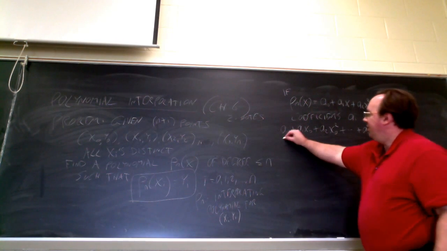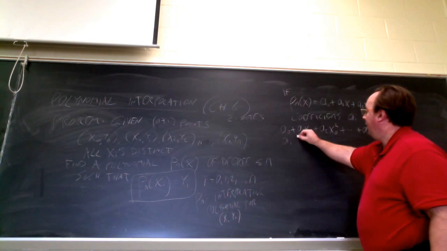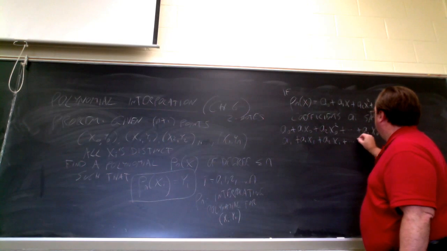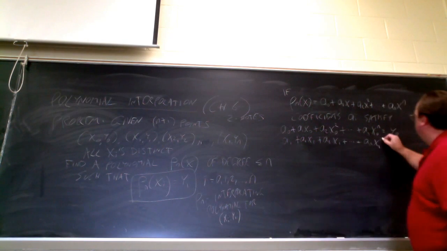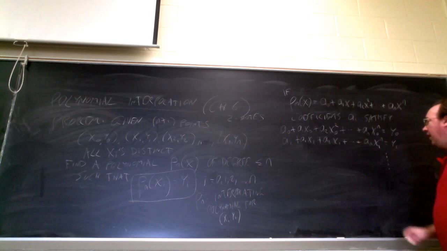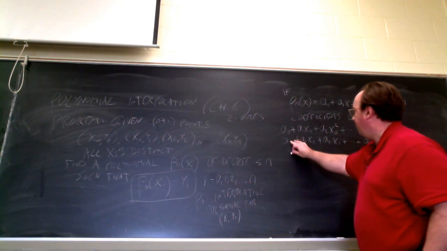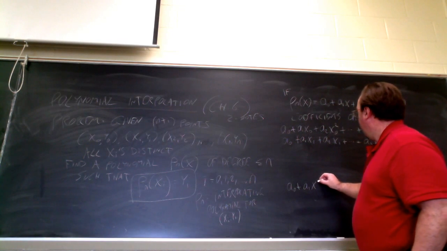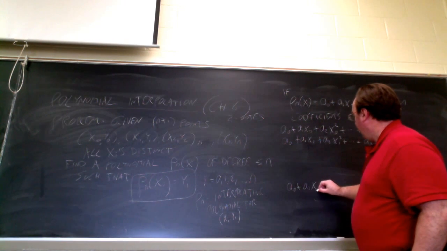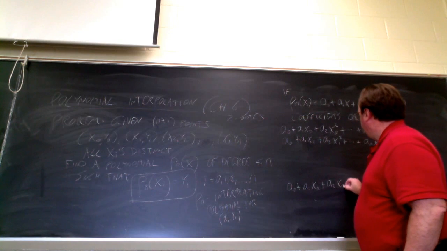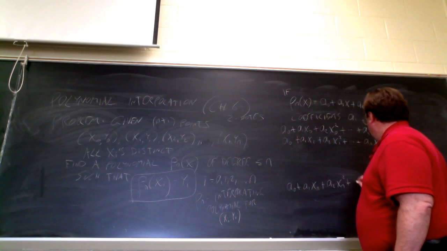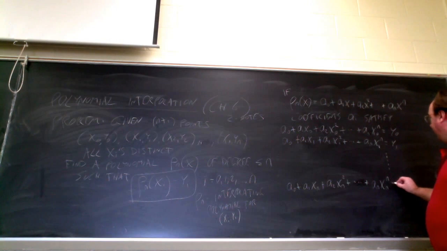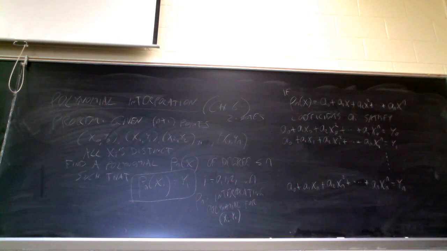And I do the same for x1 and all the other x values all the way down to xn: a0 plus a1 xn plus a2 xn squared plus an xn to the n equals yn.